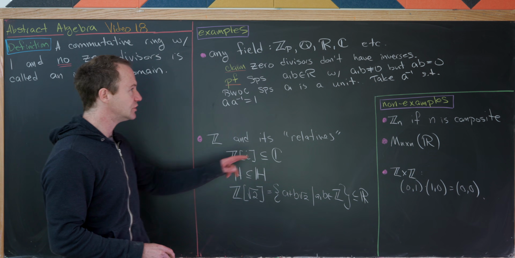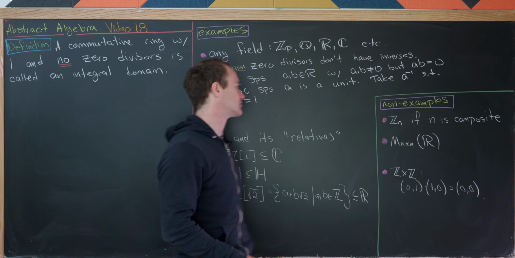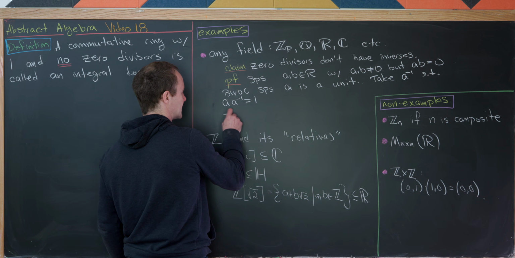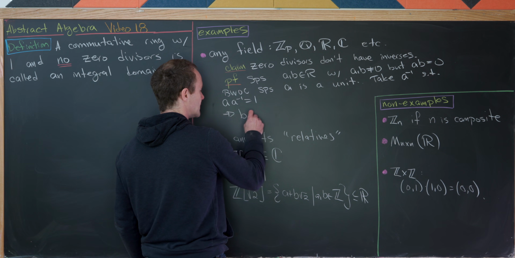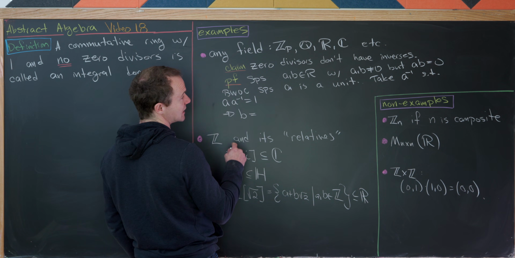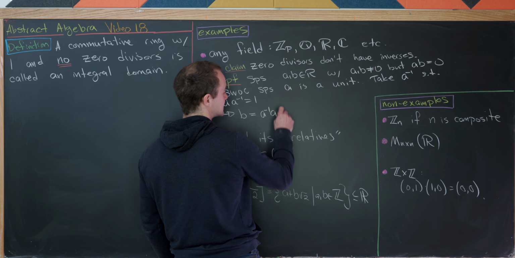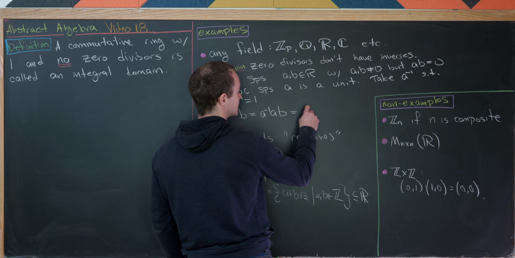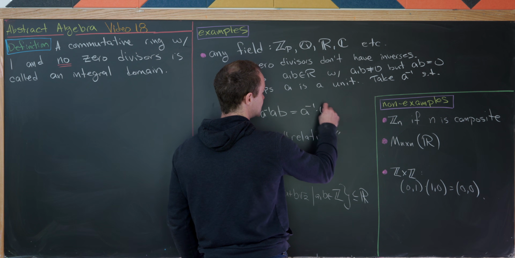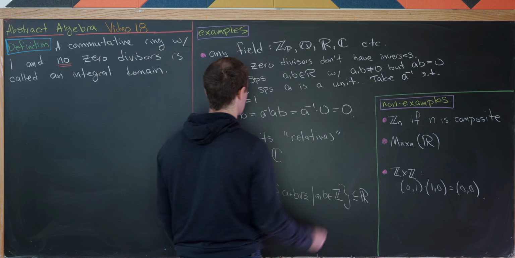Now what we'll do is left multiply this equation by a inverse, and that gives us the following string. We have b is equal to a inverse times a times b, but that's equal to a inverse times 0, but that's equal to 0.